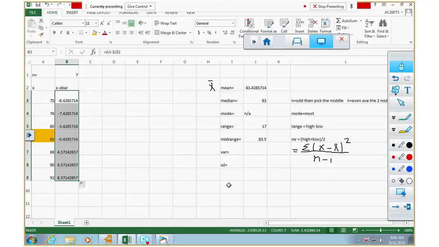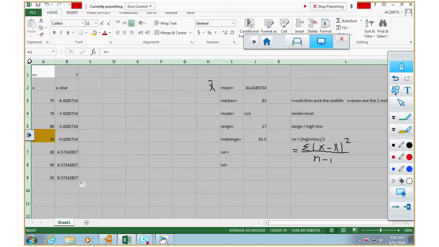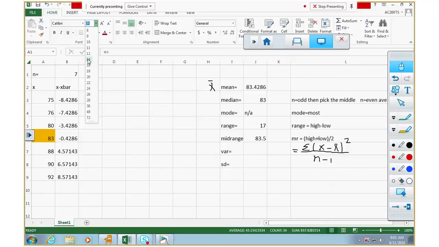It ain't rocket science. It's just grocery math. Just 75 minus 83, 76 minus 83. Come up with those same numbers. I'll make them a little bit bigger for you. There we go.